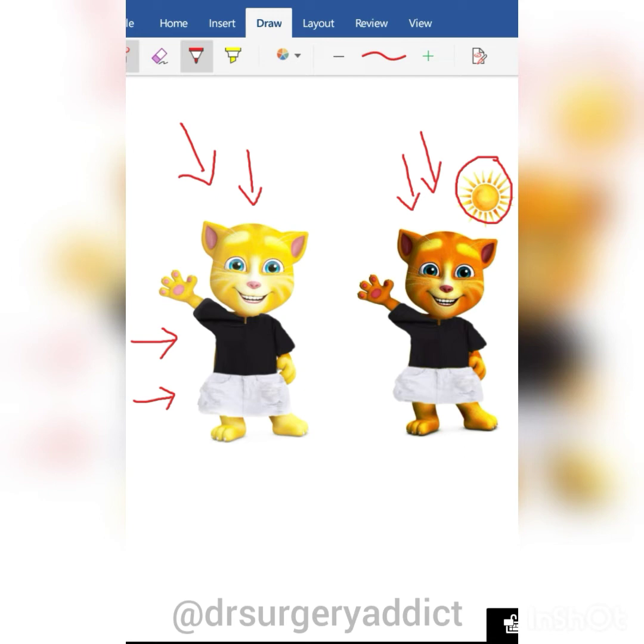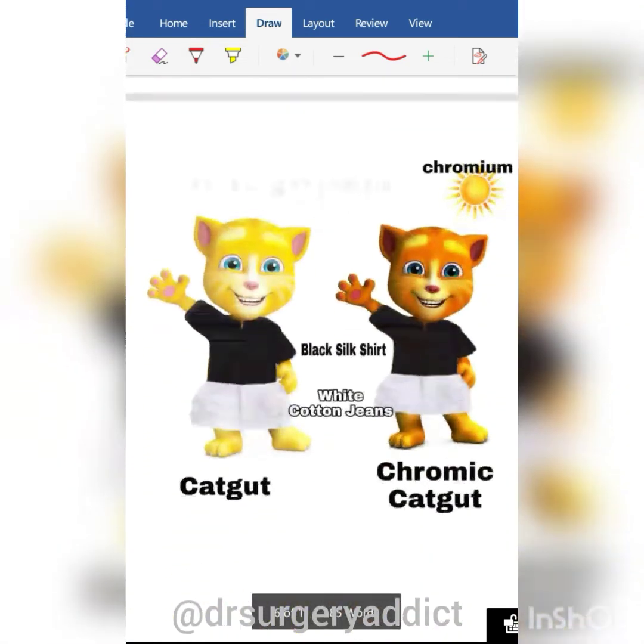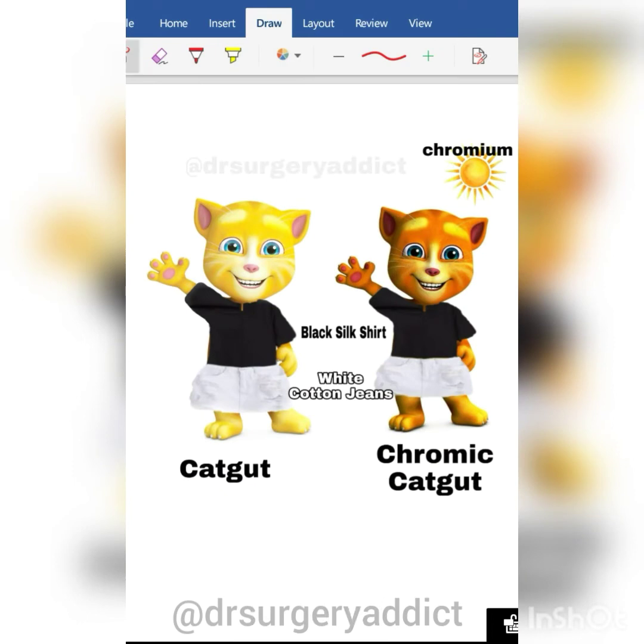Let's move on to how this image will help you remember the different colors of the suture. So this is the image. We know this is the yellow cat.